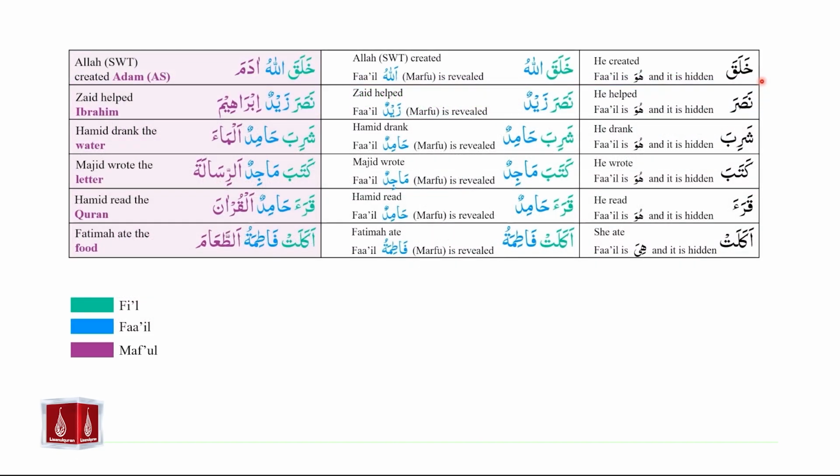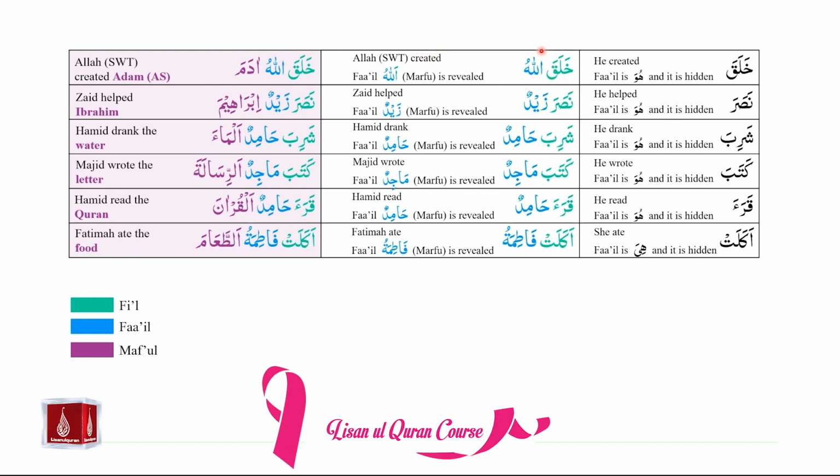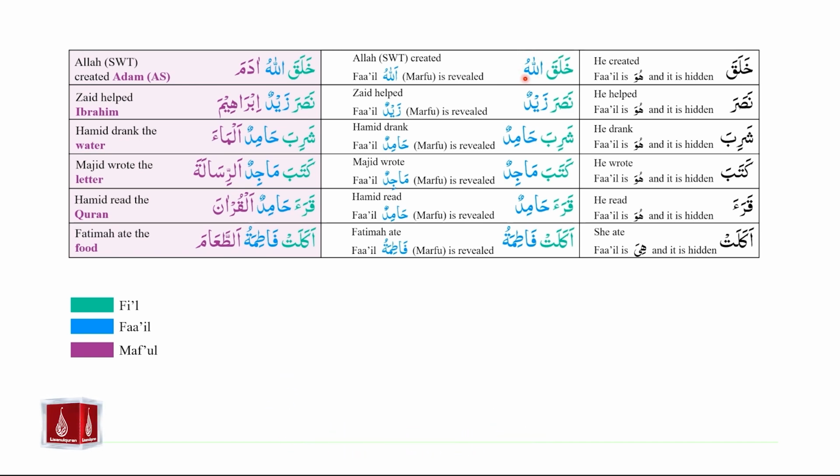Let us do some practice of fi'il, fa'il, and maf'ul. Khalaqa, he created. Khalaqallahu, Allah subhanahu wa ta'ala created. In Khalaqallahu, we can identify Allahu as Fa'il because Ism Allahu is marfu. Khalaqallahu Adama.